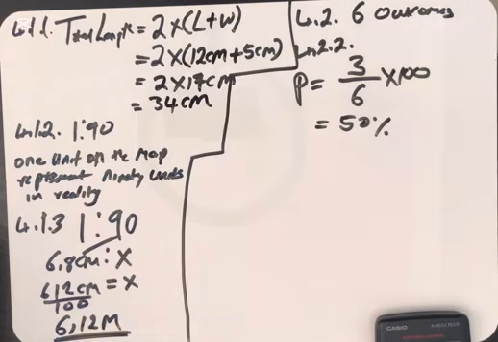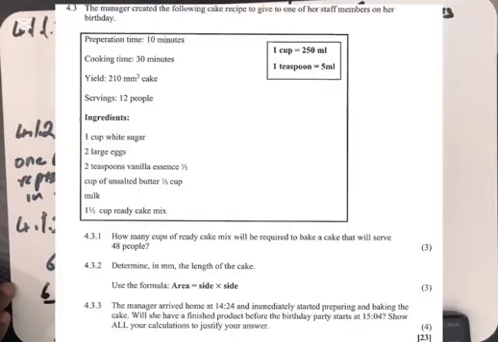Moving to the next question, 4.3, which is 4.3.1. It says the manager created the following cake recipe to give to one of her staff members on her birthday. Preparation is 10 minutes.